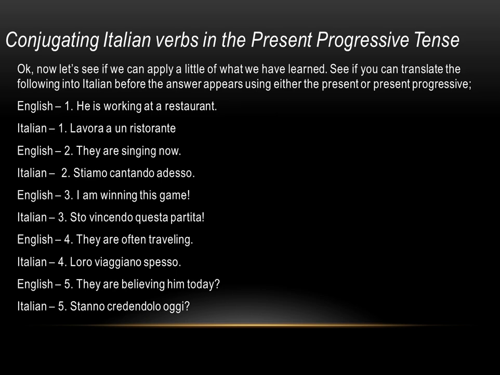But you also notice that credere minus ere would be cred, and endo, credendo. But where did that lo come from? Well, if you remember with some of the object pronouns, how you could attach them to infinitive verbs, you can also attach them at the end of the present progressive as such. So, stanno credendolo oggi. Are they believing him today? Stanno credendolo oggi?